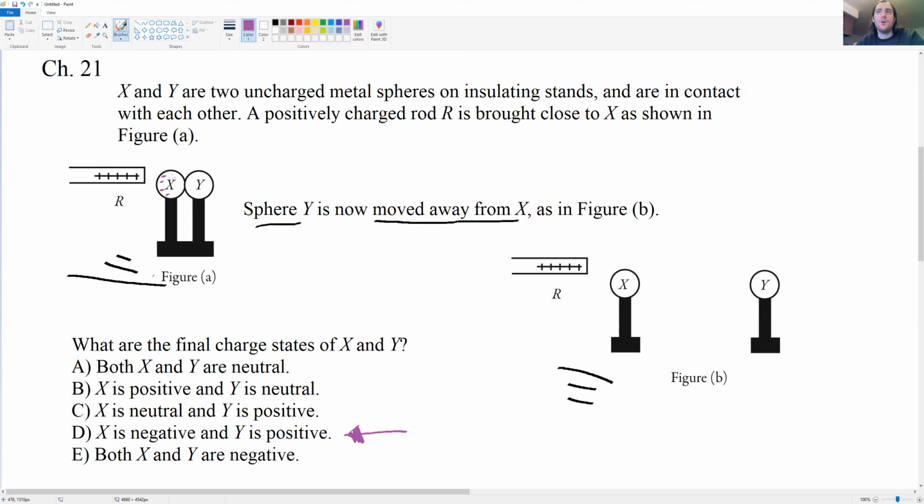And when negative charge is moved towards the rod, it leaves behind some positive charge, right? In fact, it leaves behind the exact same amount of positive charge.